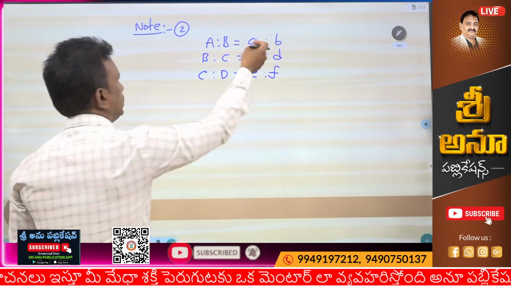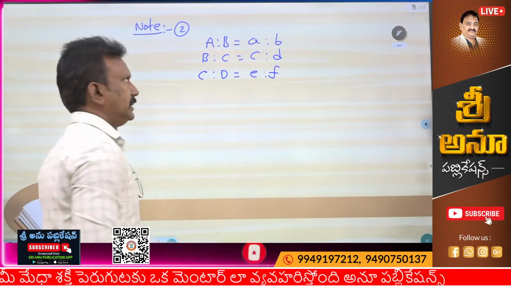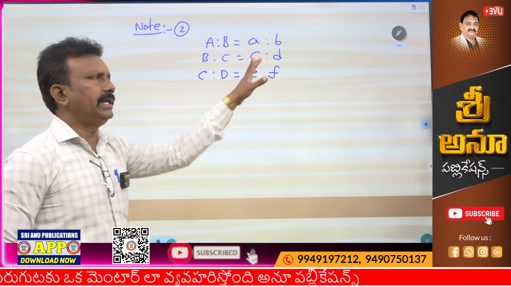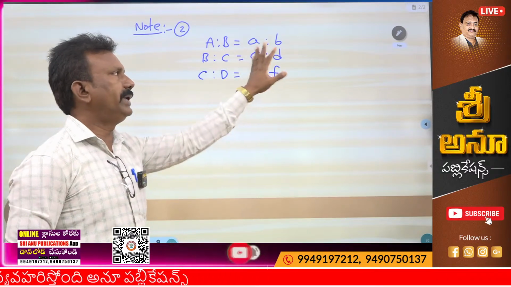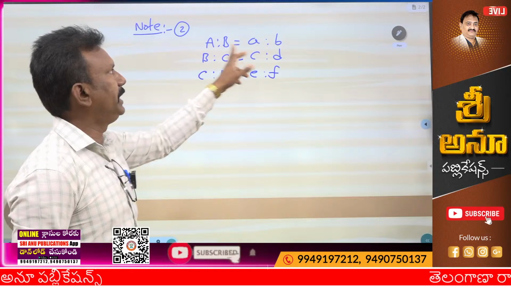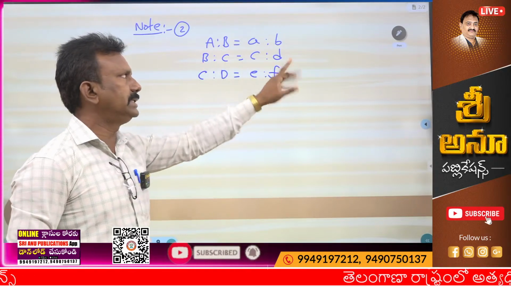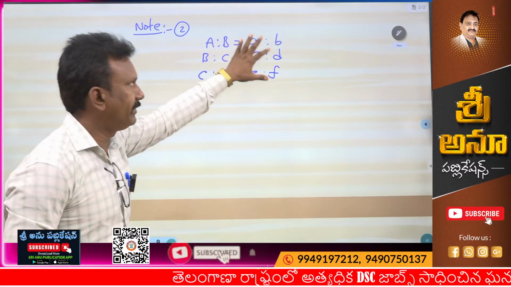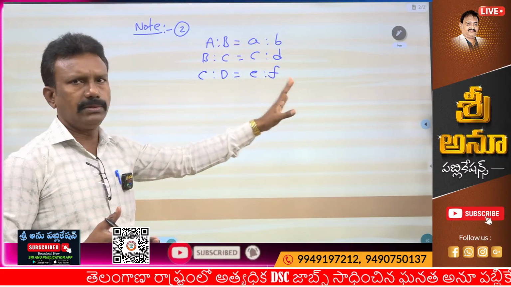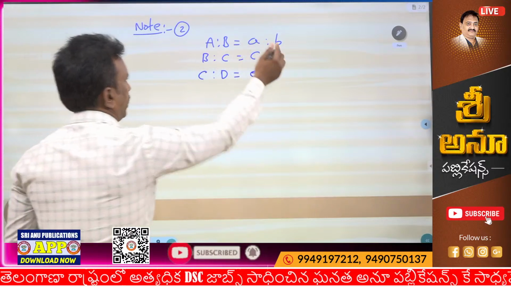The main reason is the different variables. Hello friends, try to understand, these are different variables. Our target is only writing different variables. There is no meaning of AB as AB, BC as BC, so there is no meaning in that. Only try to understand that we are following different variables, any different variables. Okay, so three ratios.